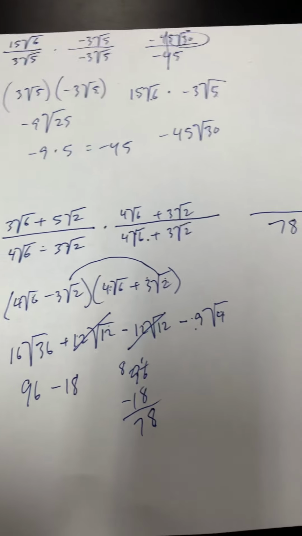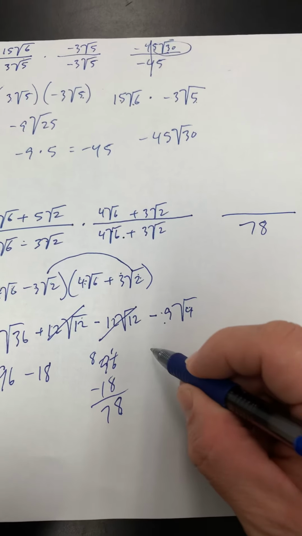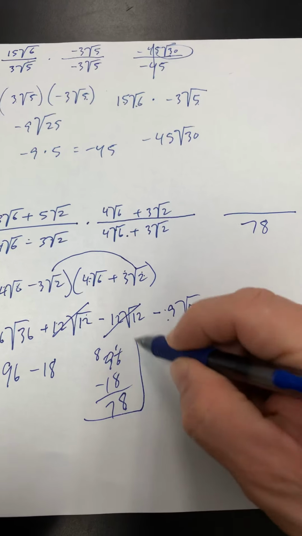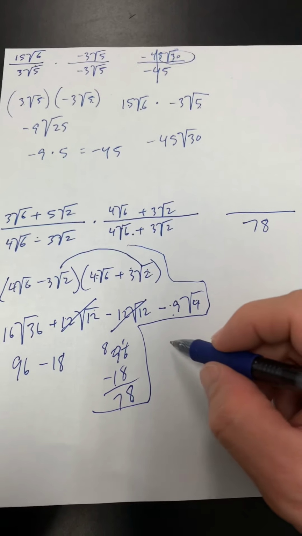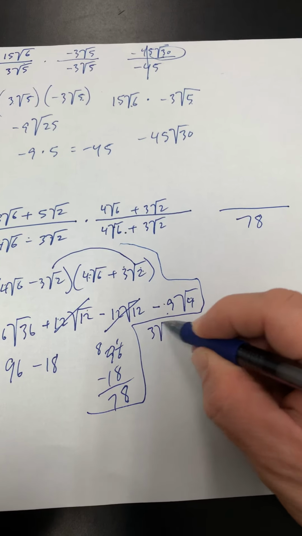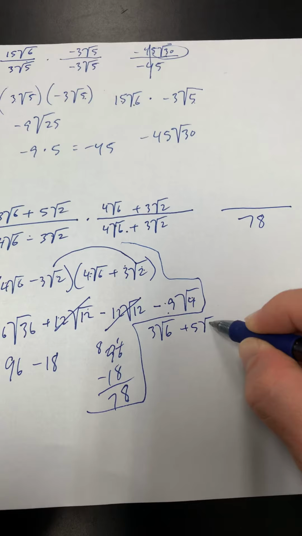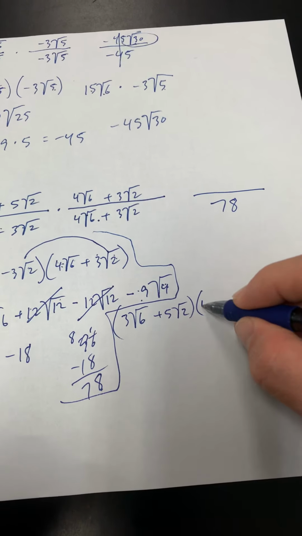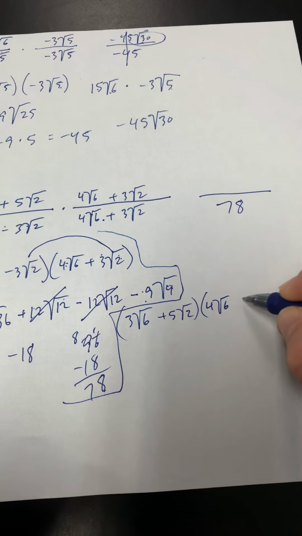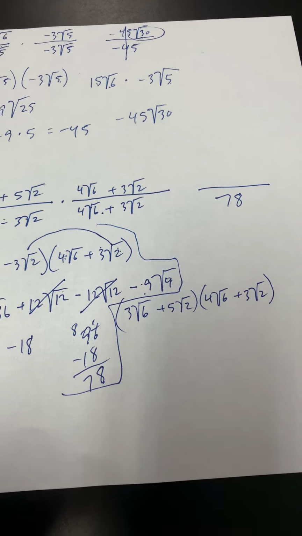All right, now we just need to multiply the top. So I'm going to kind of make like a little division here, a little divider. All right, so we've got 3 times the square root of 6 plus 5 times the square root of 2 being multiplied by 4 times the square root of 6 plus 3 times the square root of 2.